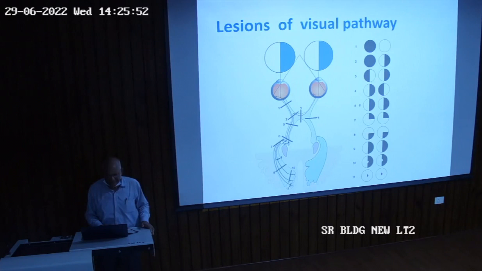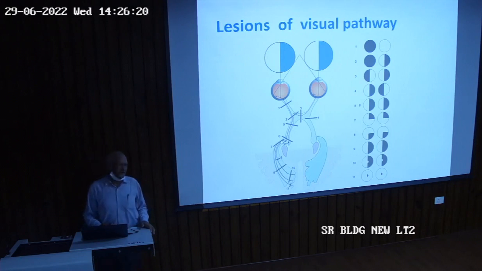Then the optic chiasma, either lateral side or nasal: bitemporal or binasal hemianopia. Optic tract: right homonymous hemianopia. Optic radiation: superior quadrantanopia or inferior quadrantanopia. And in the cortex, right homonymous hemianopia with sparing of the macular fibers, and in the posterior-most gunshot injuries only the macula is involved.